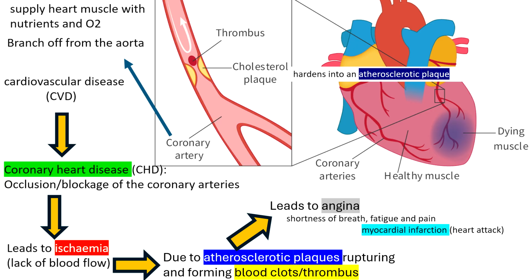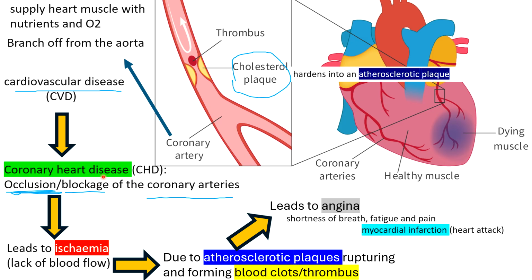Well, it can lead to a type of cardiovascular disease called coronary heart disease, or CHD. This is caused by the occlusion, keyword, just remember that it means blockage, of these coronary arteries by these cholesterol plaques, which eventually harden into something called an atherosclerotic plaque. We're going to look at these in a second.